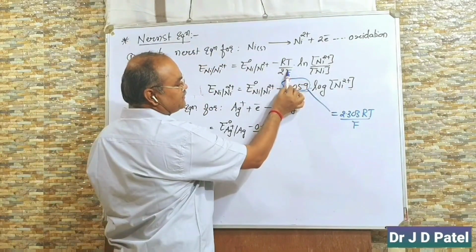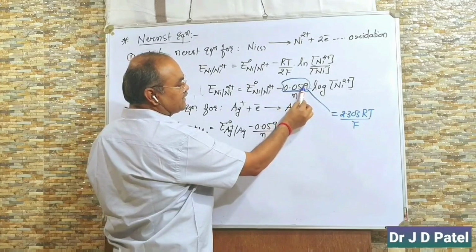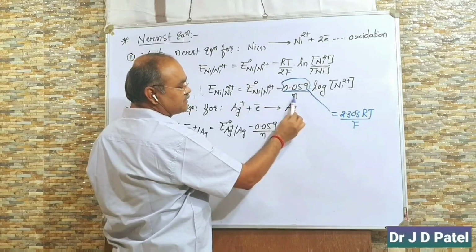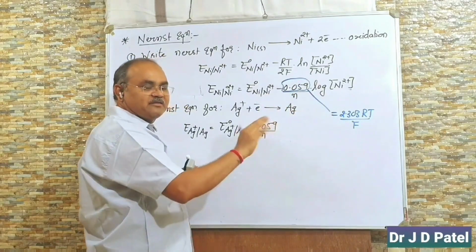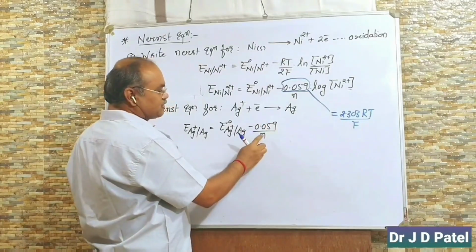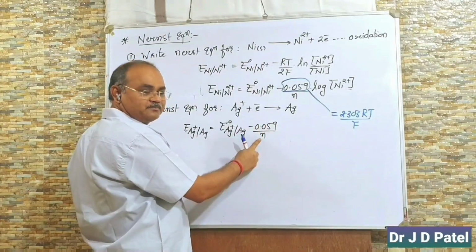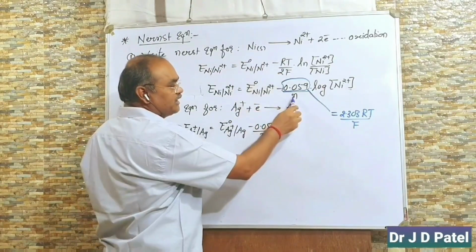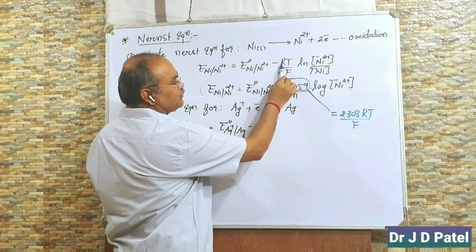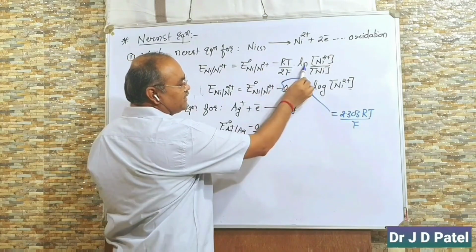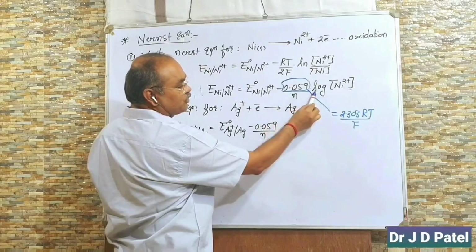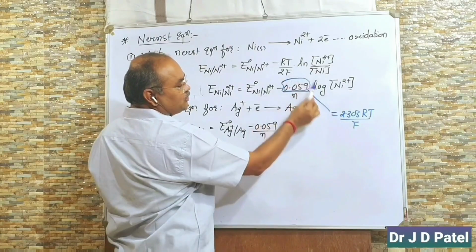N means the number of electrons transferred that I have kept, because in each and every equation the number of electrons can be different. Here N is 1, but here N is 2. So N you have to put. What is the value of RT by F? And natural log I have converted into simple log. So for conversion of natural log into simple log, you have to multiply by 2.303 and then RT by F.